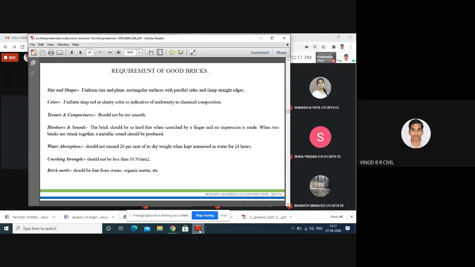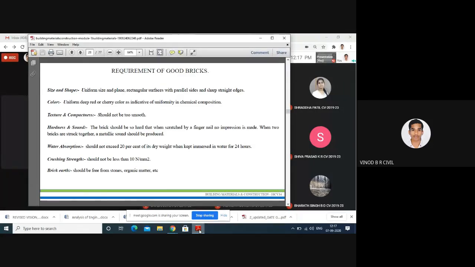Color should be deep red or cherry color, and it should maintain uniformity in chemical composition. Texture and compactness: it should not be too smooth, means some roughness should be there because of binding. If it is a smooth surface, we can't expect any binding between two bricks. Some roughness should be there.